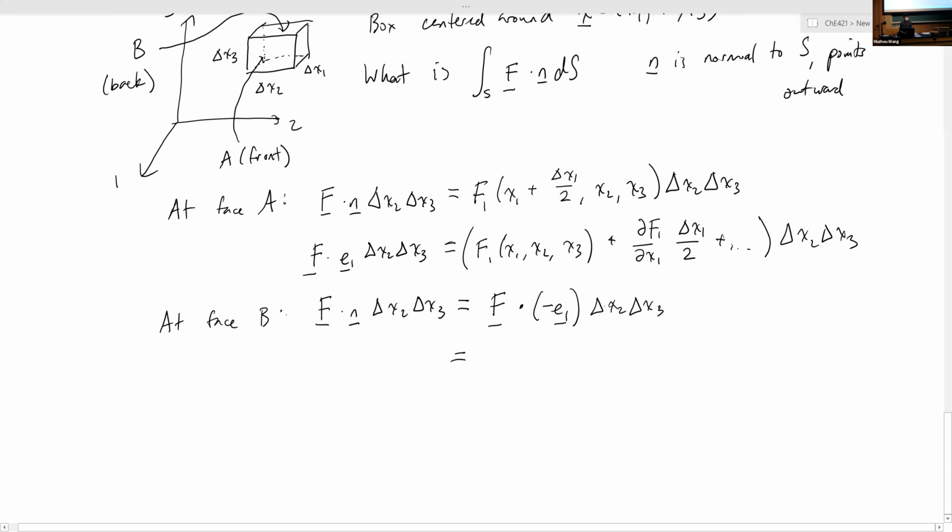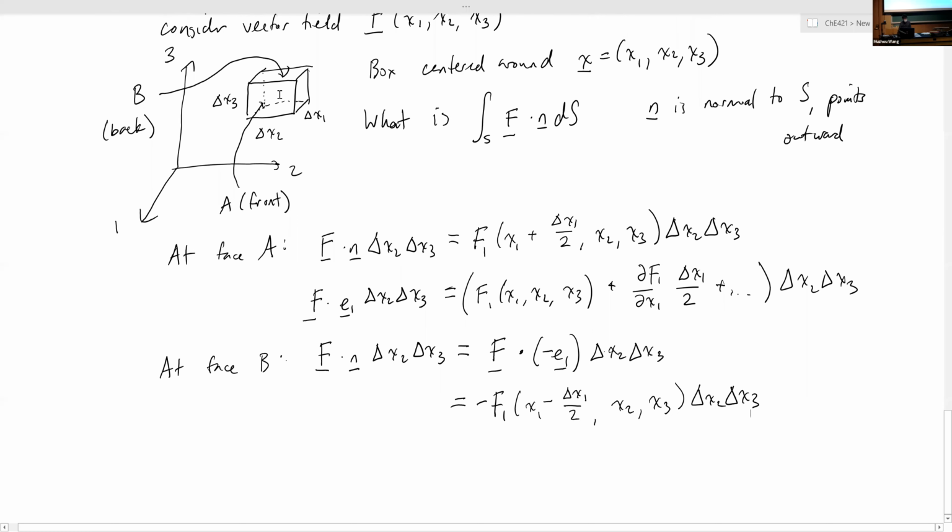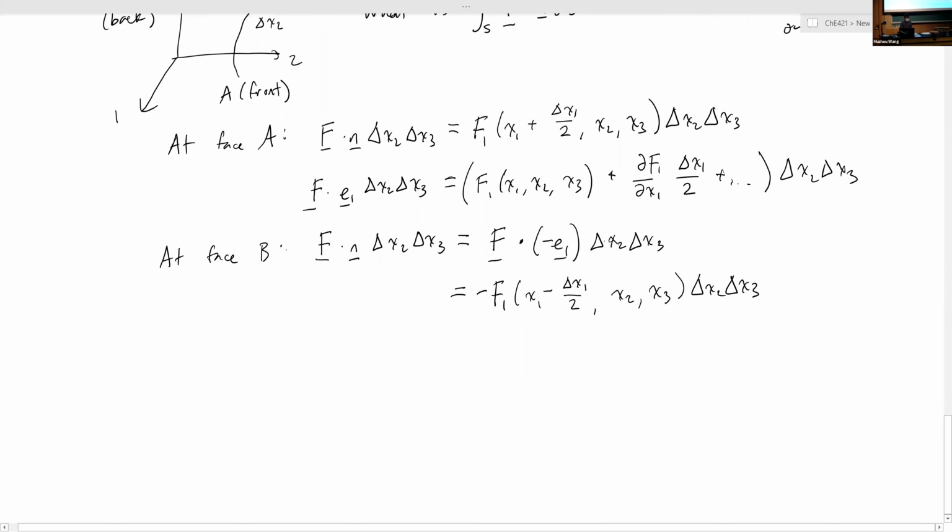Now, f dot negative E1 is, by definition, negative F1 evaluated at this location. Again, the box is centered at x1, x2, x3, but we need to slightly shift it by delta x1 over 2, so it's evaluated here, and we can Taylor expand this now.